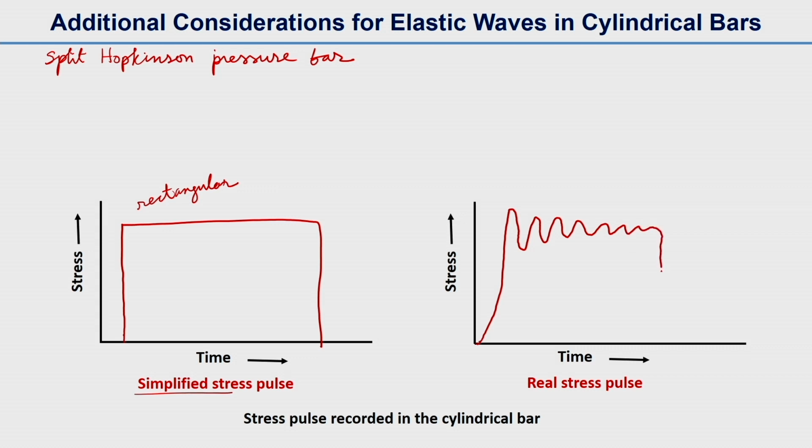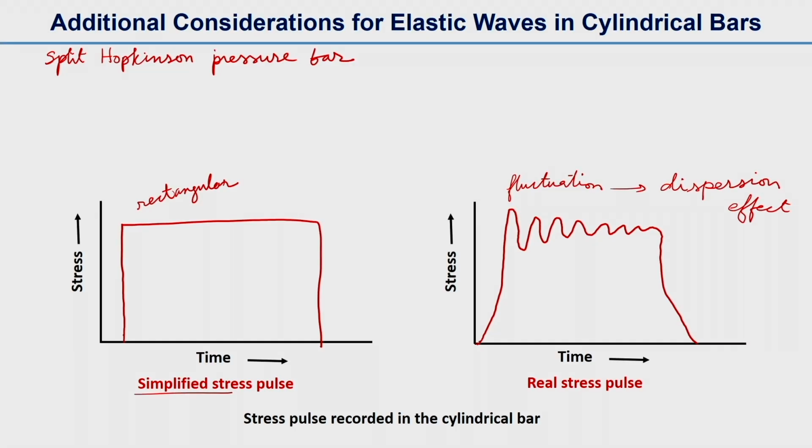These effects will influence the interpretation of the split Hopkinson pressure bar results. These effects, this fluctuation, is also called the dispersion effect. These fluctuations will influence how we interpret the split Hopkinson pressure bar results.